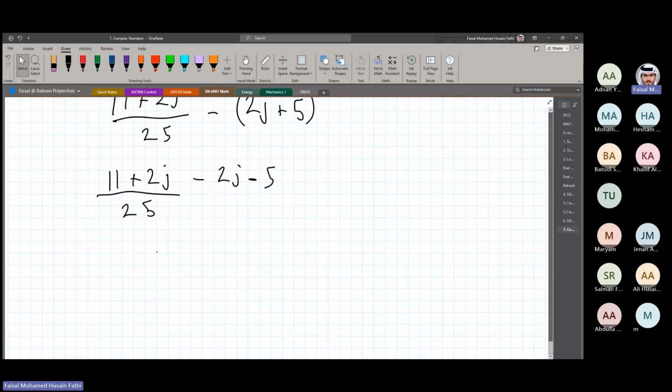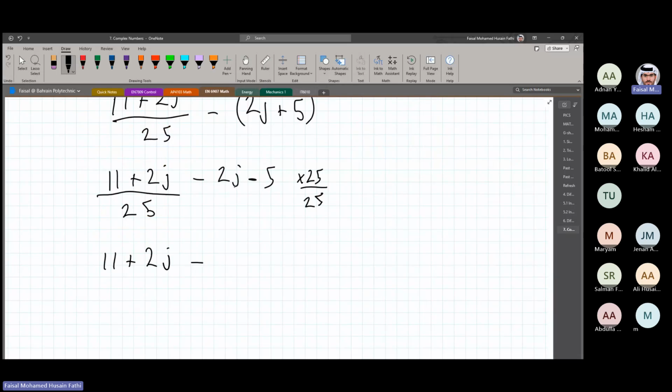Then, how do you add these? You just have to find the common denominator. In other words, just multiply 25 up and down here as well. So multiply 25 divided by 25. So 11 plus 2j minus 2 times 25, plus 5.